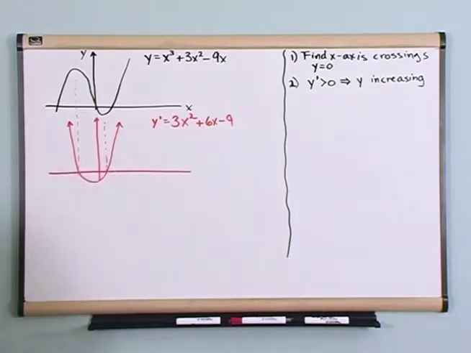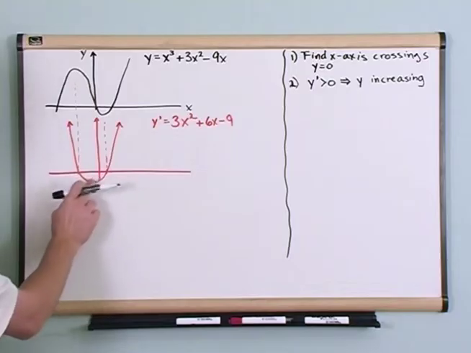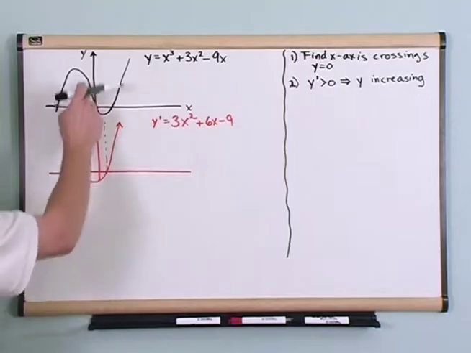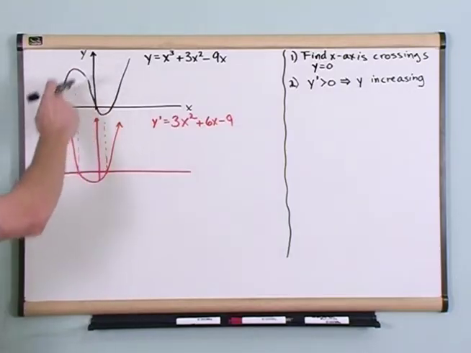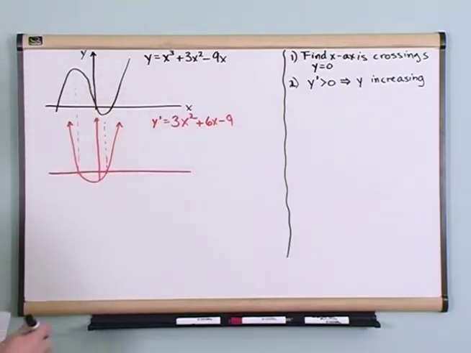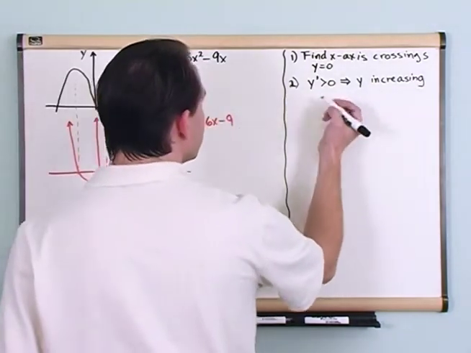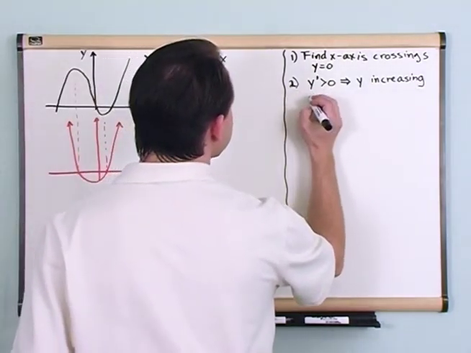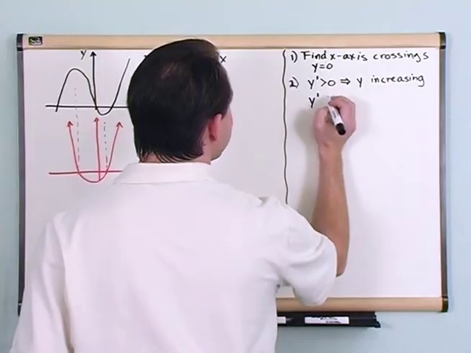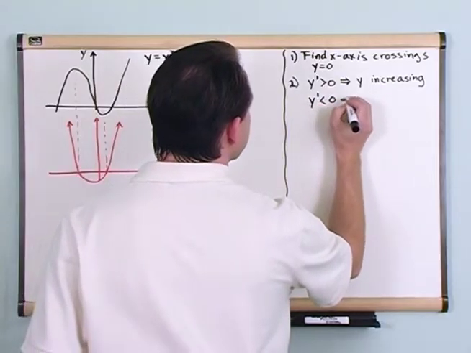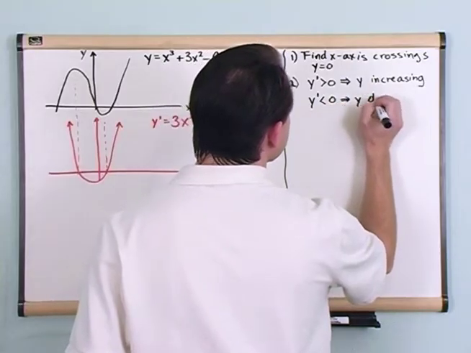It's below the y equals 0 axis. So the slope is negative in this region everywhere from here to here, and that represents the fact that this function is decreasing in that realm. So what you can learn from that is, if the derivative is less than 0, then that means that y is decreasing.